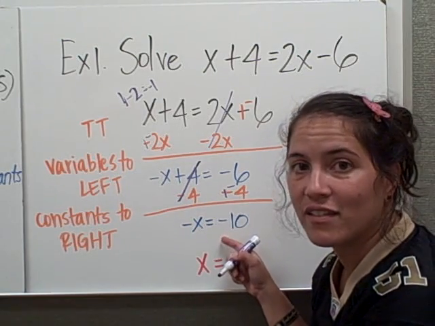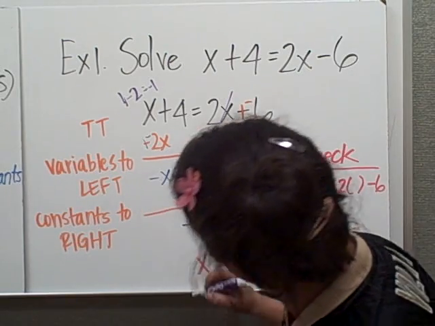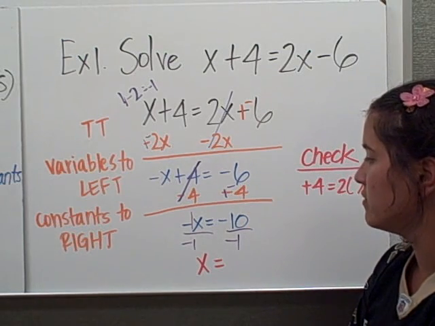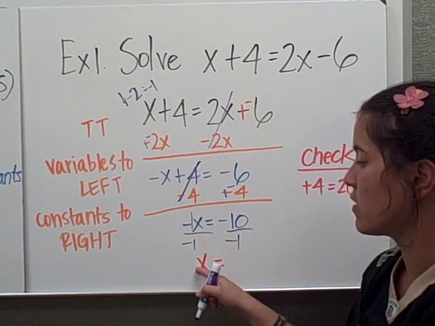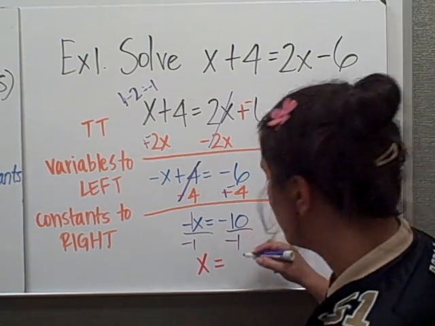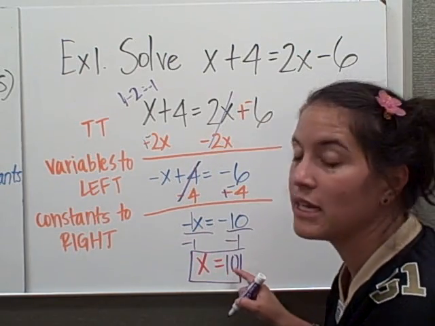You cannot have a negative variable as your solution, so remember this is like a negative 1. We're going to divide both sides by a negative 1. Negative 1 divided by negative 1 is 1, so that's where I get my x from. And then negative 10 divided by negative 1 is 10. So that means my solution is 10.